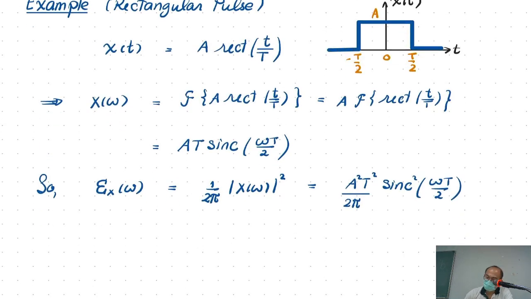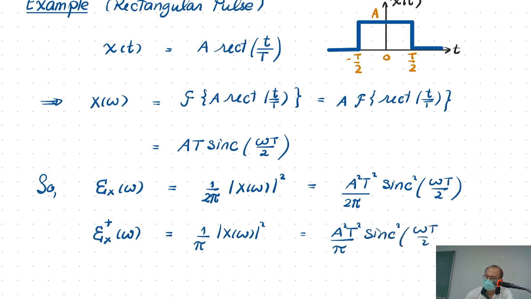As for the one-sided version, defined only for positive frequencies, it is 1 over pi times the absolute value of X squared. So it's going to be A squared T squared over pi, and sinc squared omega T over 2. But now we have to indicate that it is defined only for positive frequencies.